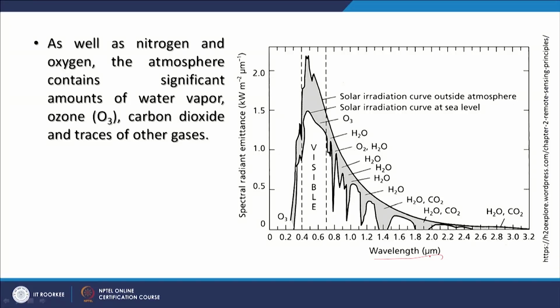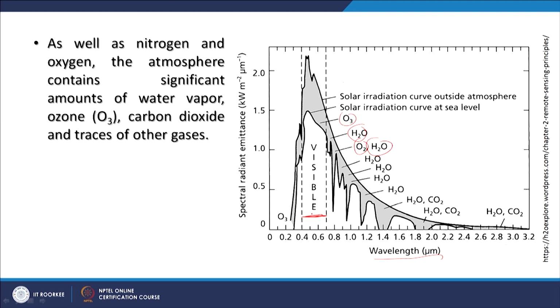and we also know that if we see this, some part of the EM spectrum is displayed here, and this is spectral radiant emittance, and we find that these are the water and gases which are absorbing a lot of this radiation, and therefore it becomes very difficult that way. The visible part is up to only this much.